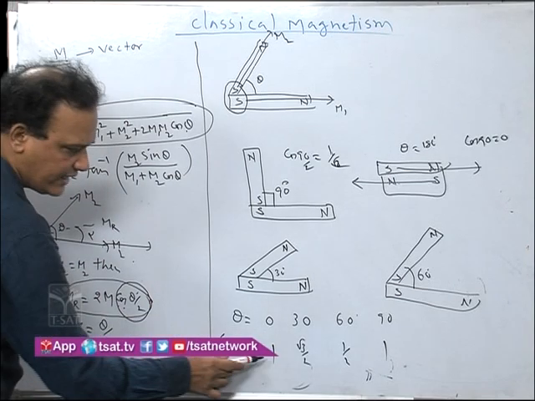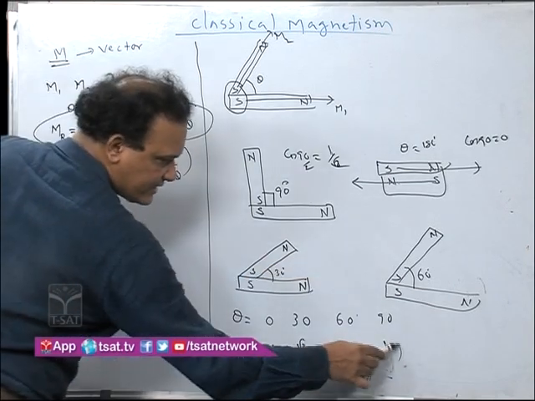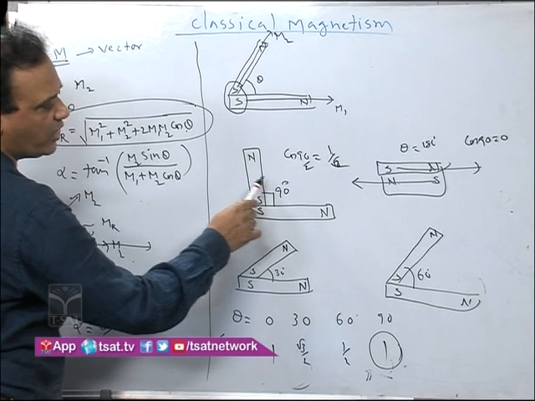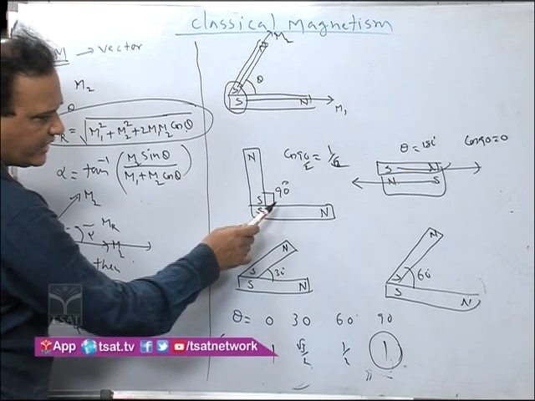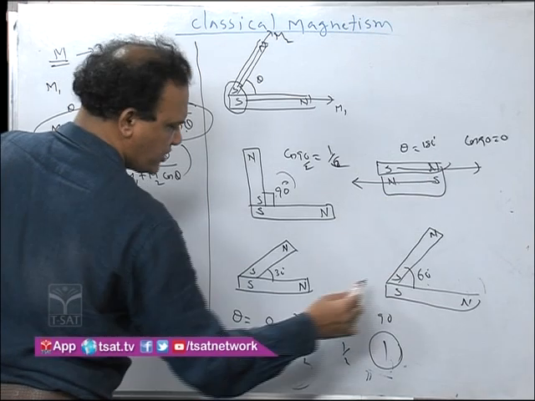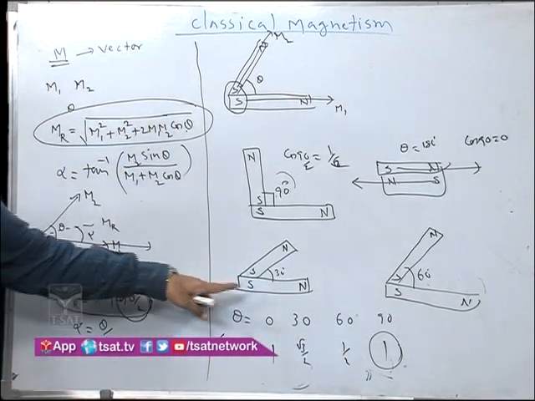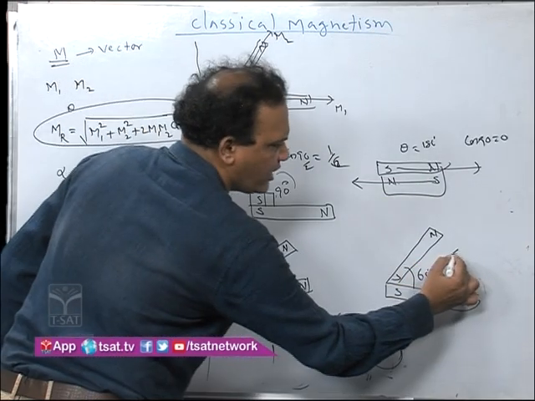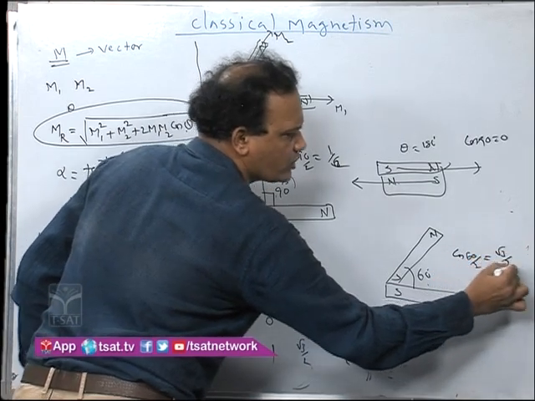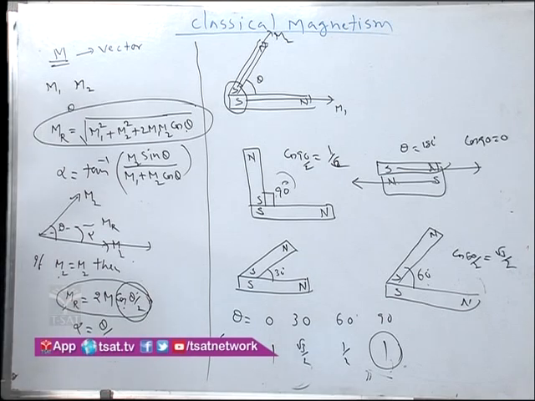So as the theta value increases, the magnetic moment decreases. In the question, the one with maximum magnetic moment has the smallest theta. Here 30 degrees and 60 degrees are like poles, so cos 60 by 2 and cos 30 by 2. Cos 30 value root 3 by 2 gives the larger magnetic moment, right? Next one.